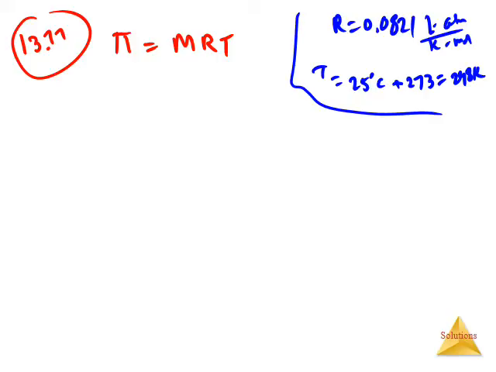Now in problem 77, they gave you 44.2 milligram of aspirin. Let's change it to gram. That would be 44.2 times 10 to the negative 3 gram of aspirin.